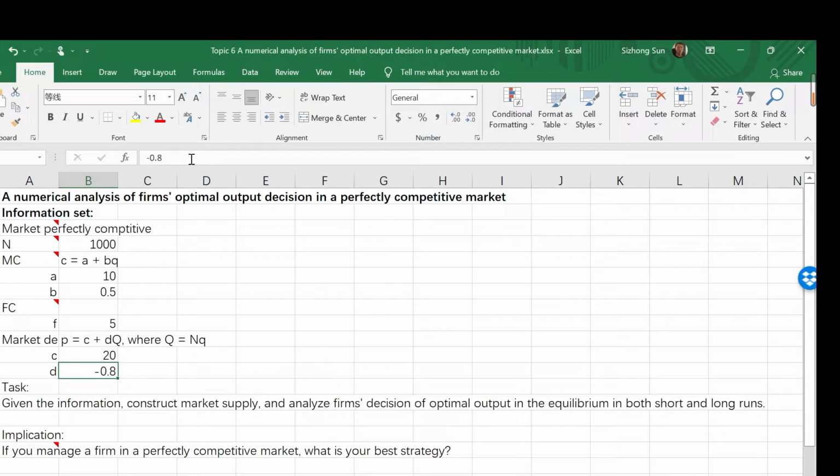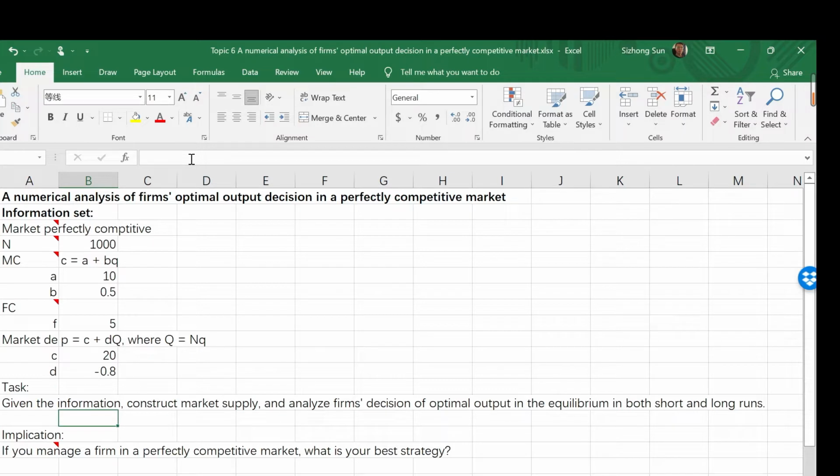Given this information, what we want to do now is construct a market supply curve and analyze firms' decisions of optimal output and equilibriums in both the short run and the long run. The difference between short run and long run is that in the long run there's free entry and exit, which drives the firm profit to be zero.